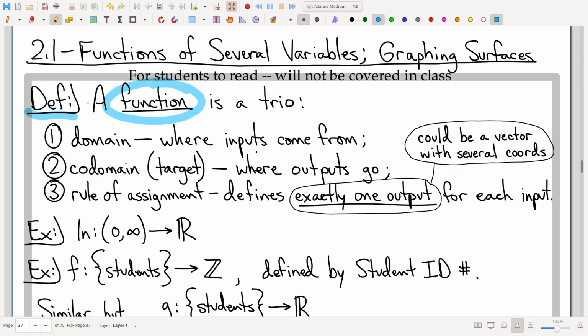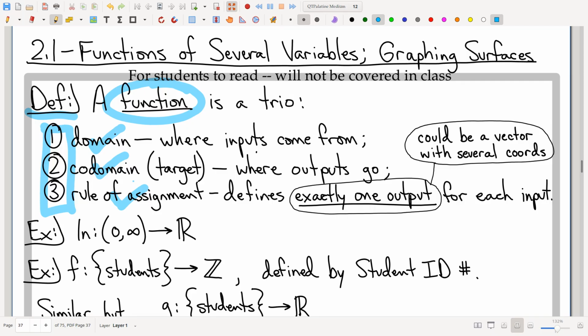A function is a trio of three things where you have what you might call an input space, what you might call an output space, and what we're going to call here a rule of assignment, which is what very often we think of as the formula. The big idea is for any point in the input space, the rule of assignment has to tell me what is the corresponding point in the output space. So for every input, there's got to be an output.